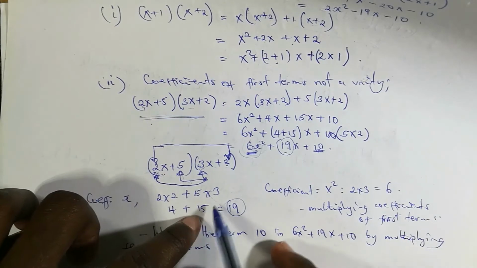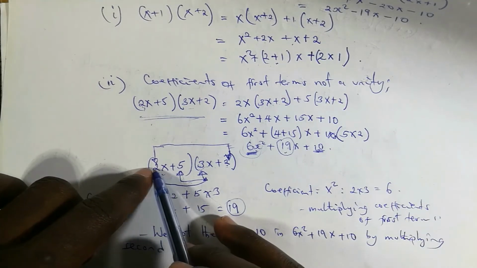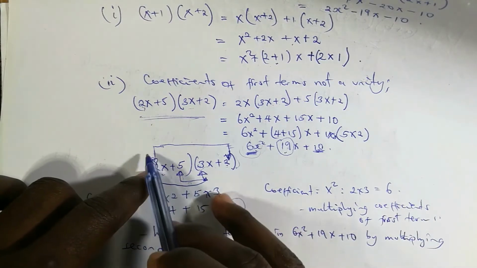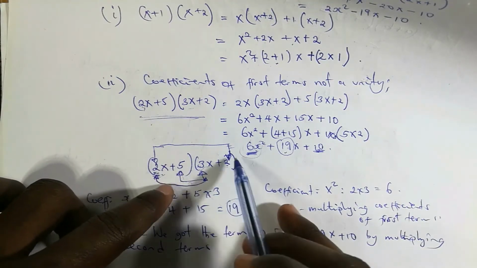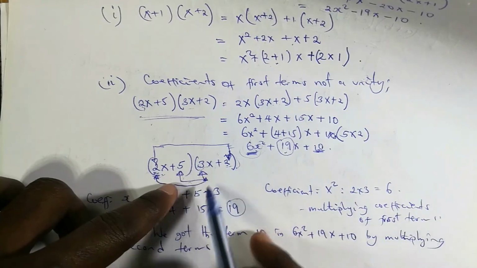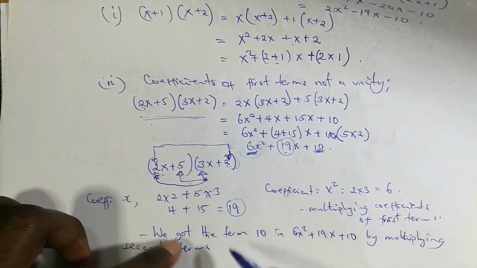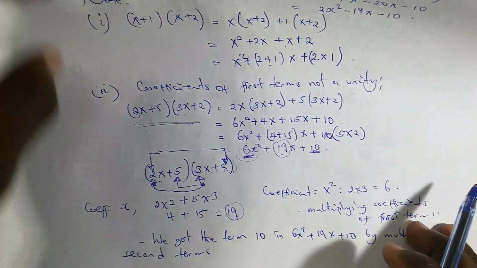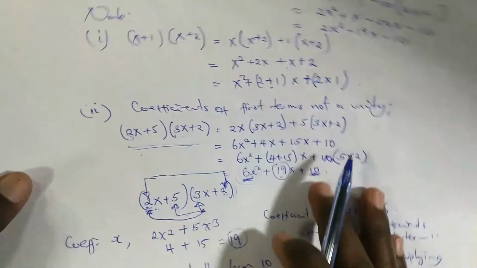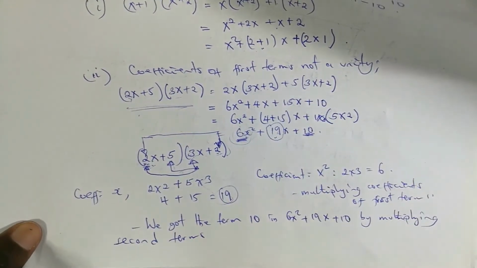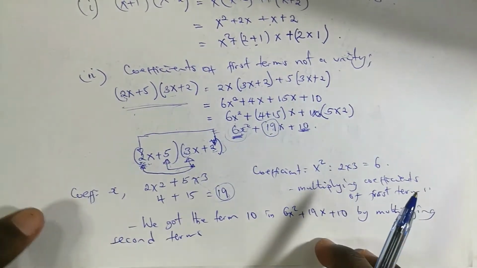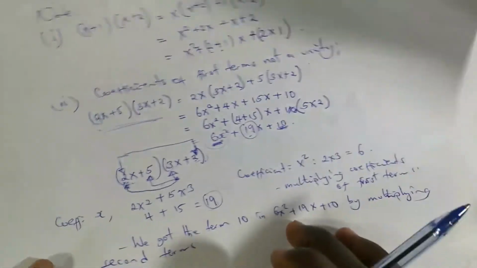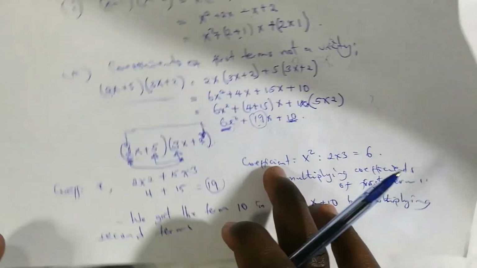Getting the coefficient of x, we multiply the coefficient of the first term with the value of the second term, and we add them to give us that. I just want to show you a quick method of how to get the result of multiplying two binomial expressions.